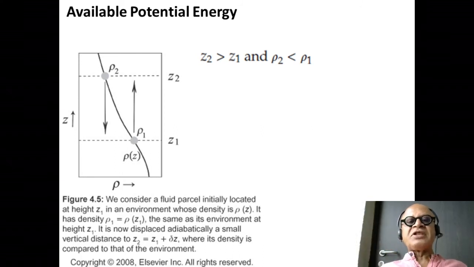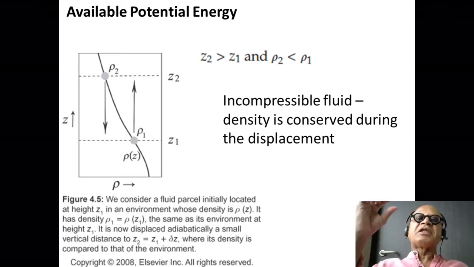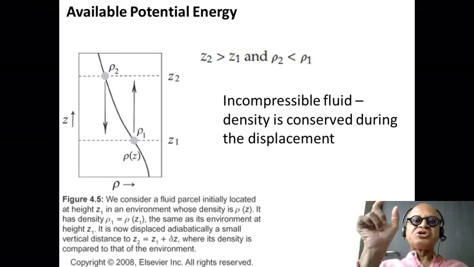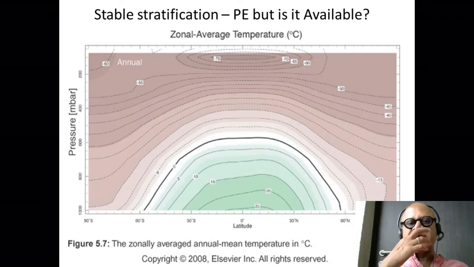Is there a release of potential energy in this case? It was an incompressible fluid that we considered, and density is conserved during the displacement if it's incompressible. But if it's compressible, then even adiabatic displacements will release energy by condensation or evaporation. If it's incompressible, it's not doing any work against the environment as the pressure changes with height, for example, right? So you are not releasing any energy, you are just changing the potential energy.